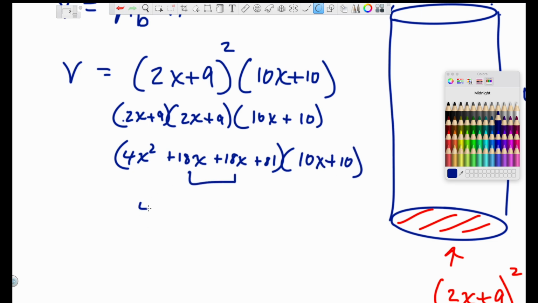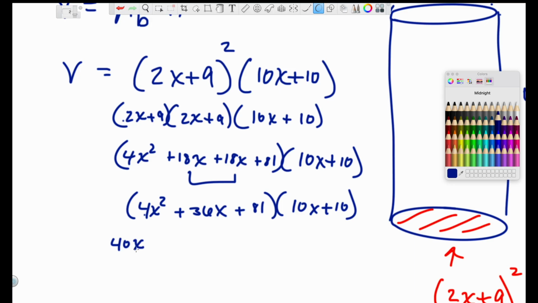Let's combine these terms. 4x squared plus 36x plus 81. 3 terms times 2 terms is going to give us 6. 4x squared times 10x is 40x cubed. 4x squared times 10 is 40x squared. 36x times 10x is 360x squared. 36 times 10 is 360x. 81 times 10x is 810x, and 81 times 10 is 810.